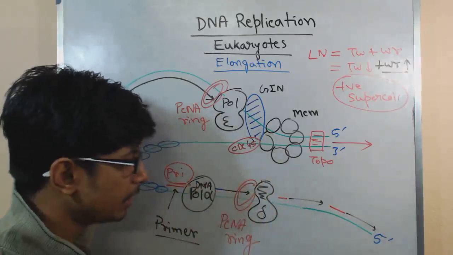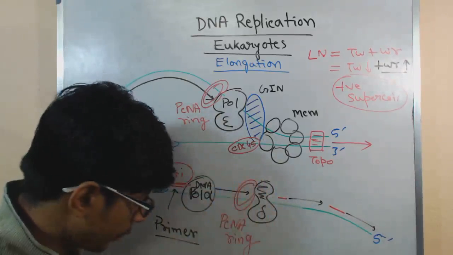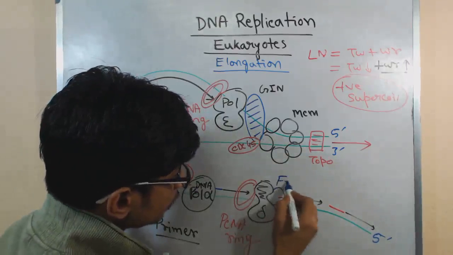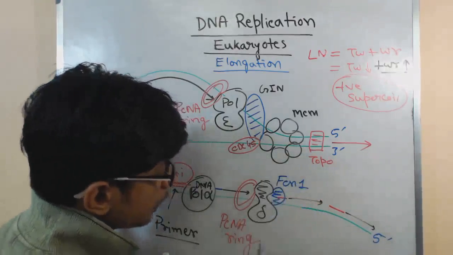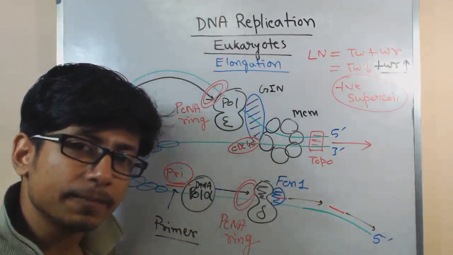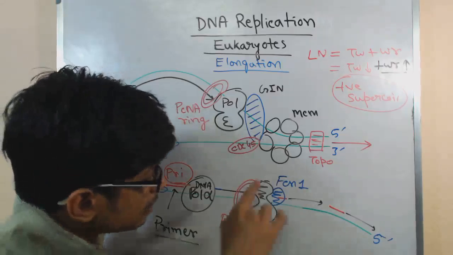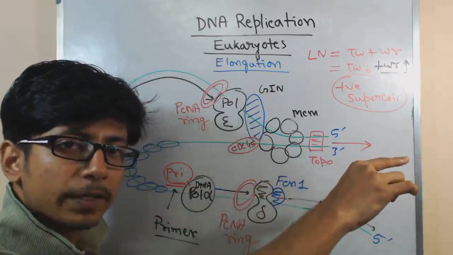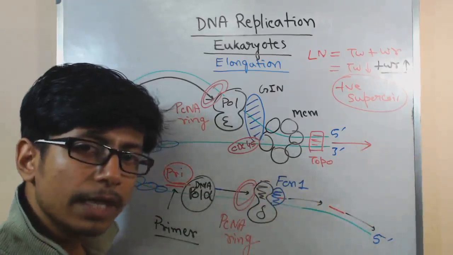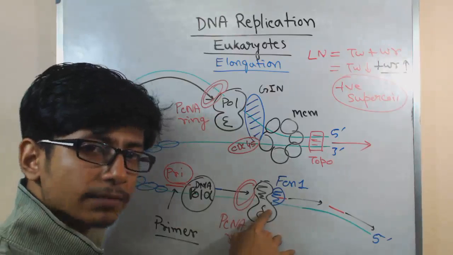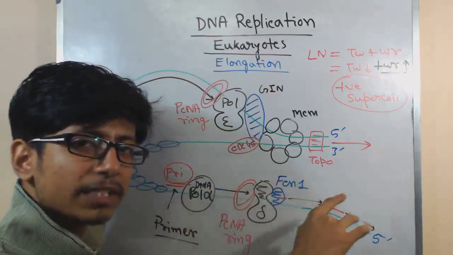Then it will recruit another protein called FEN1. This FEN1 is a kind of endonuclease enzyme. FEN1 will cleave the rest of the primer sequence, and then FEN1 will fall off, and the rest of the gap will be filled by polymerase delta.